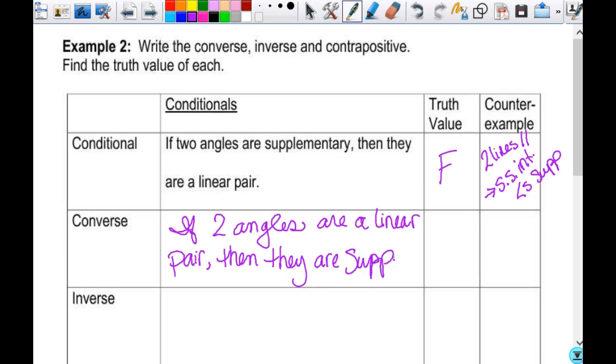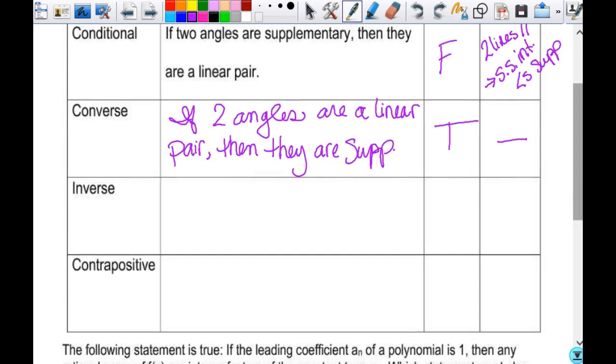Okay. So what do you think about that? True or false? True. Because if they're a linear pair, they are supplementary. That is part of the definition, right? So that is true, which means I don't need a counterexample.